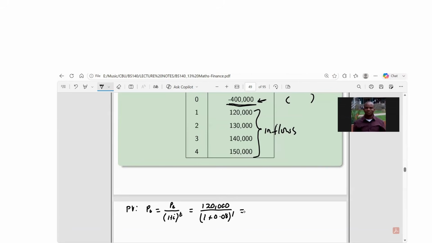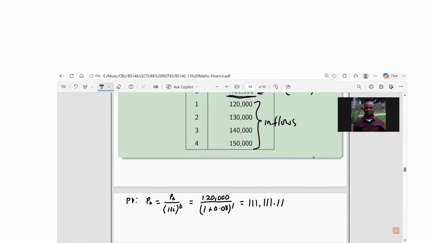So you go to your calculator: 120,000 divided by 1 plus 0.08, which is 1.08. I get 101,111.11. Okay, that is year number 1.